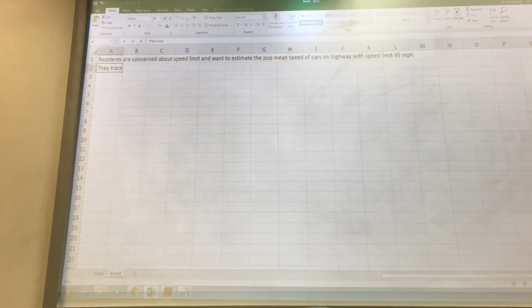They track 12 cars and find x bar equals 59.62.